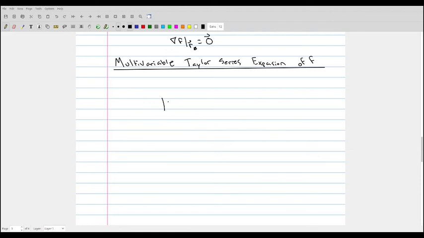So recall that in 2D, the Hessian matrix of a function is the matrix of all of the second partial derivatives of the function. So for a function of two variables, it's a 2 by 2 matrix. This is for a 2 variable function, or in 2D.